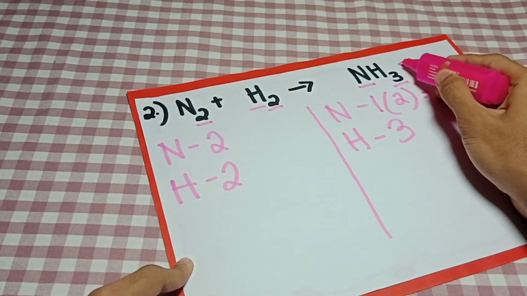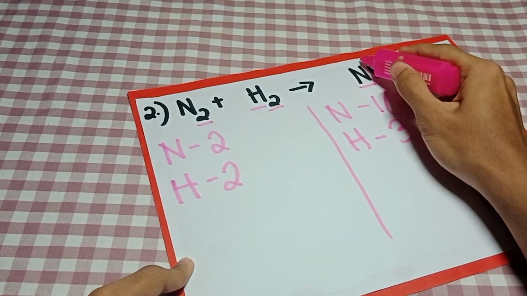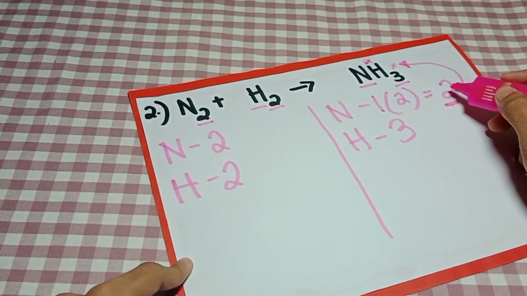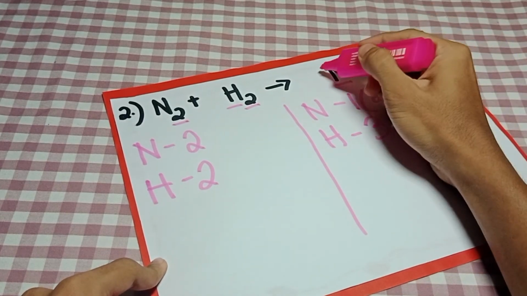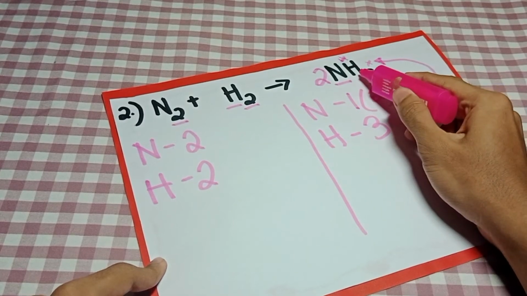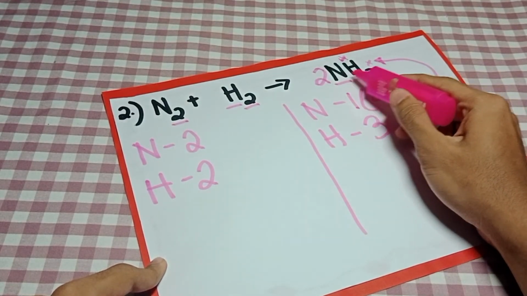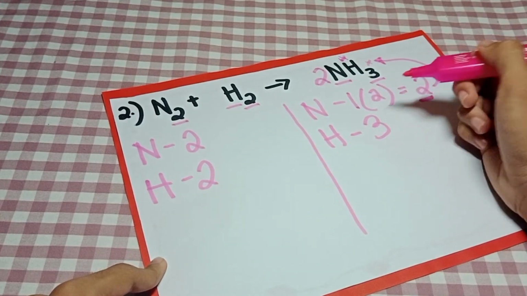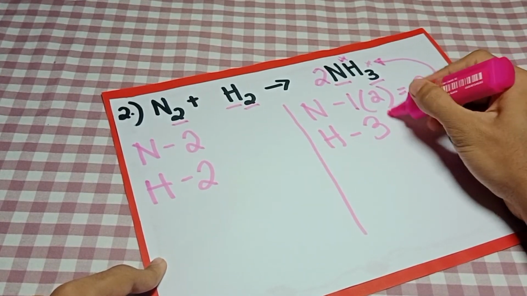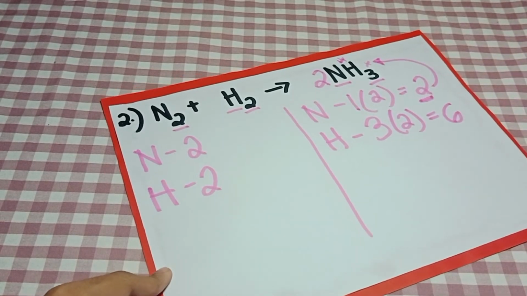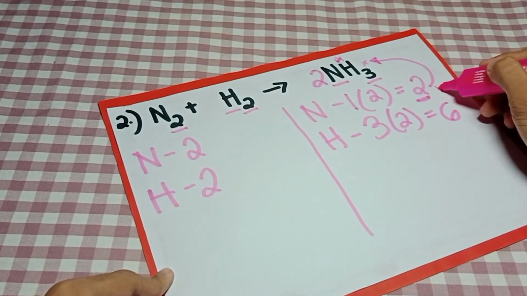So again, don't put the number 2 in the middle or at the end. We have to put this number 2 before the compound, 2. Since hydrogen is affected because they are combined in a compound, we also have to multiply the hydrogen atoms by 2 in order to get a product of 6. So nitrogen is balanced for now.